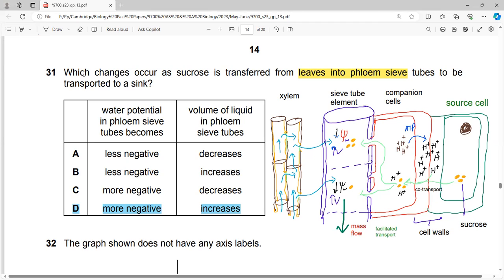Here, we are studying the concept of which changes occur as the sucrose is transferred from a source to the sink. The water potential in the phloem sieve tube element will become more negative when the sucrose is loaded into the sieve tube element, and then the water volume will increase. So D is our correct option here.